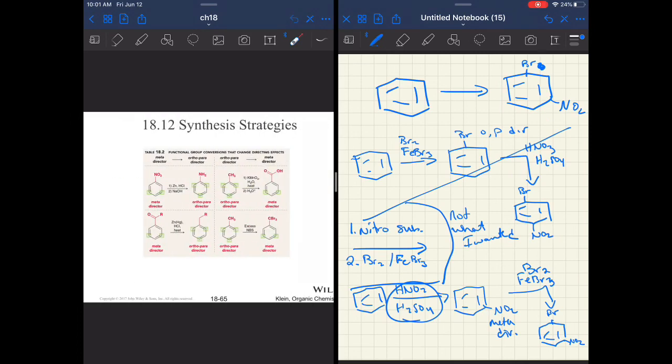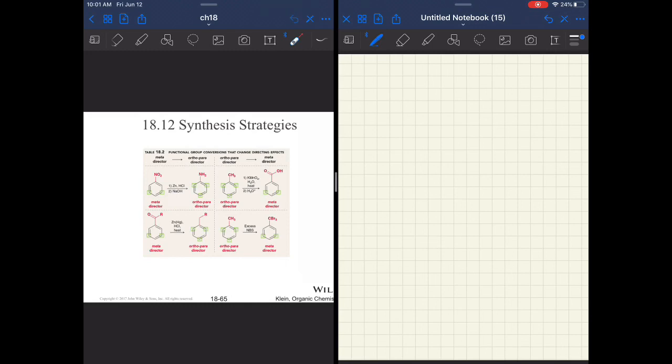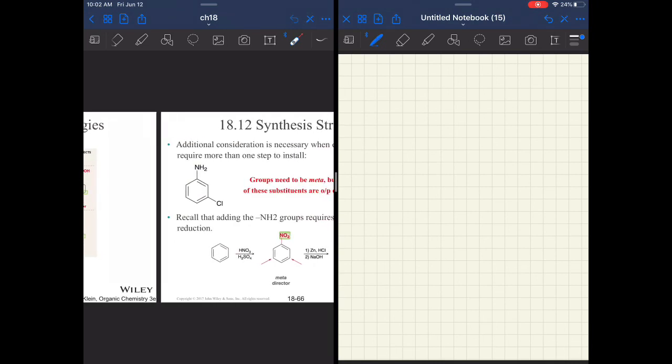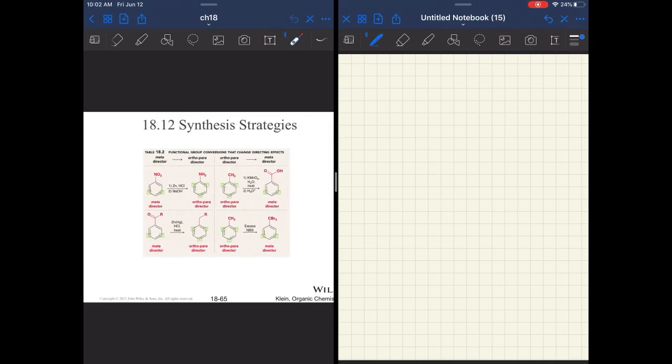You don't want to forget about some of these other reactions that we talked about, but we didn't do the mechanism, like the reduction of the nitro group, the oxidation at the benzylic position, the Clemmensen reduction. You can add bromine to a benzylic position as well. I don't know if this one's going to help you quite as much, but definitely these three are going to be necessary. So let's do a couple more problems together.